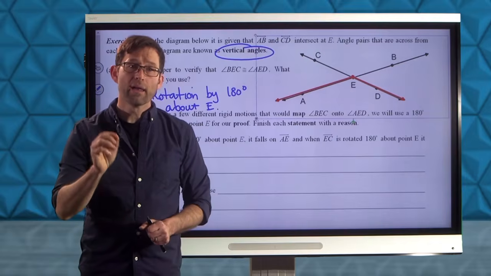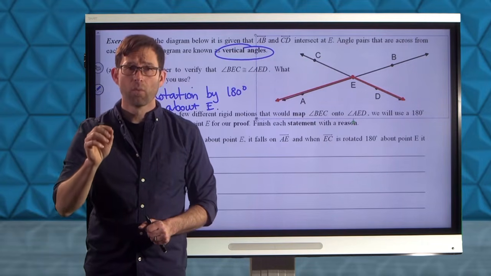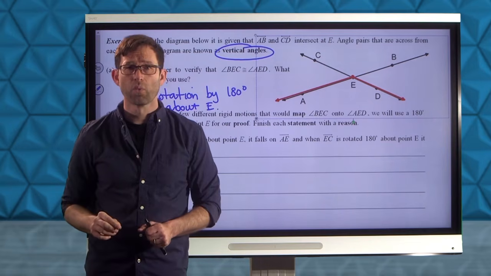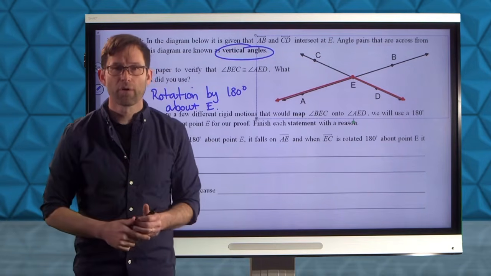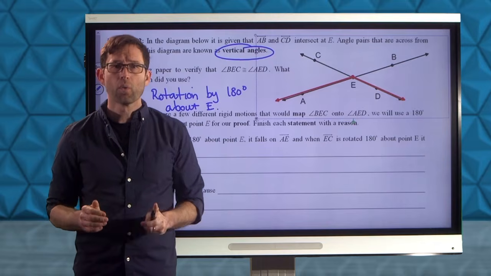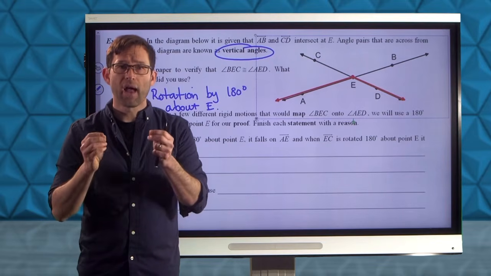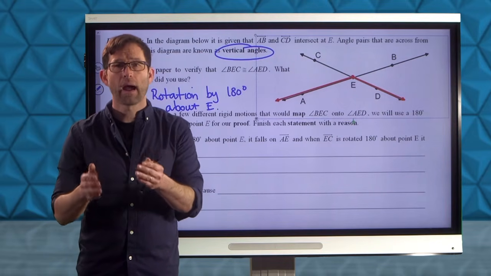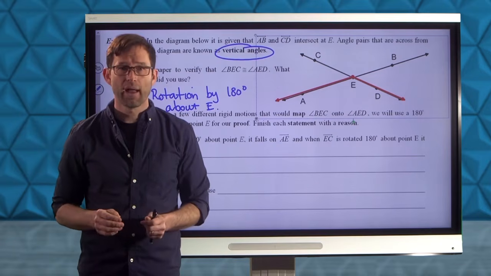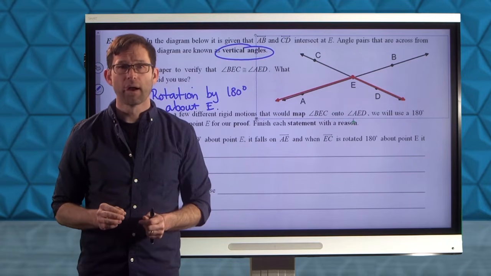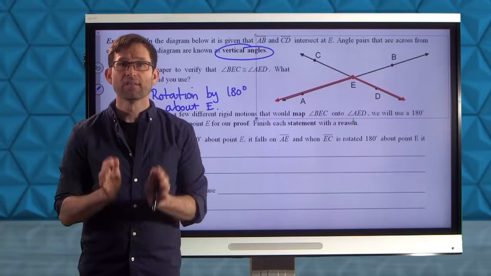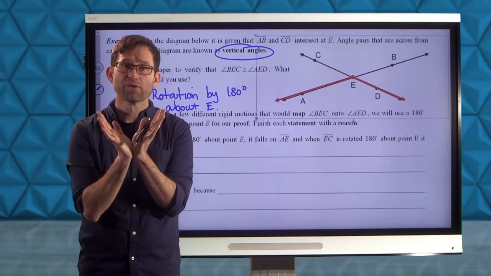All right. Again, important to understand why that 180 degree rotation works, but that's really the second part of the problem. Here, we're going to work on how we rotate, or how we map, an angle onto another angle. Now keep in mind that all an angle is, is the connection of two rays at their starting point.